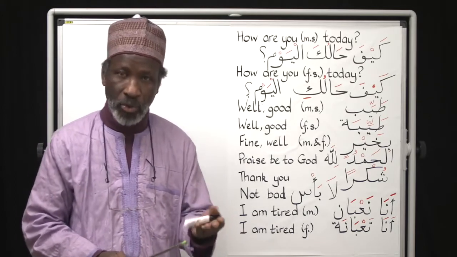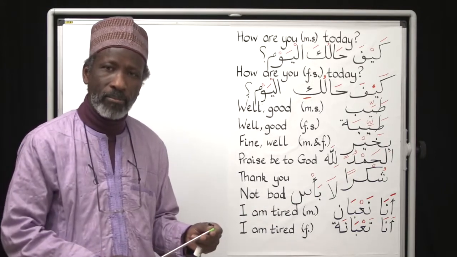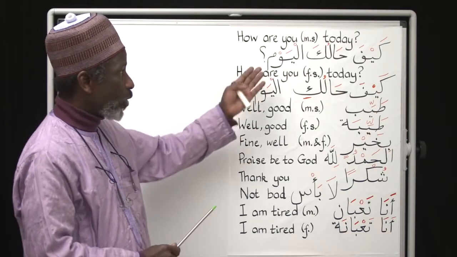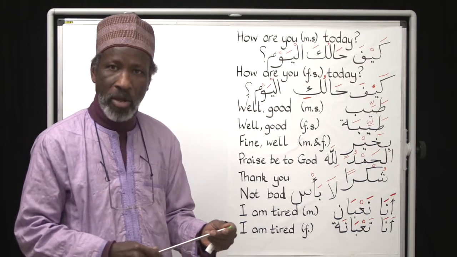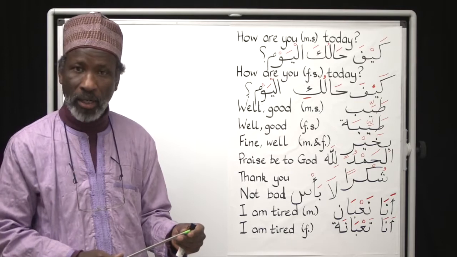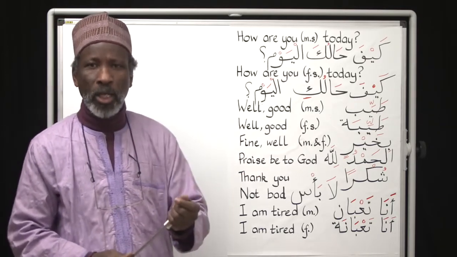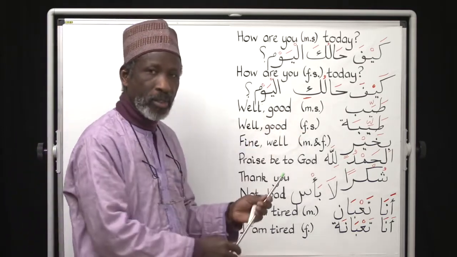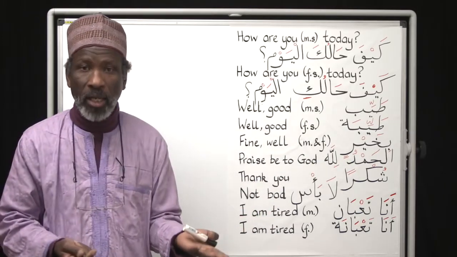It's also neutral. لا بأس, not bad. So: كيف حالك اليوم؟ طيب, طيبة, بخير, الحمد لله, شكرا. Of course, you can just choose one of these. You don't have to say them all. Just say one. So طيب for a male, or you say بخير, الحمد لله, or شكرا, لا بأس, not bad.